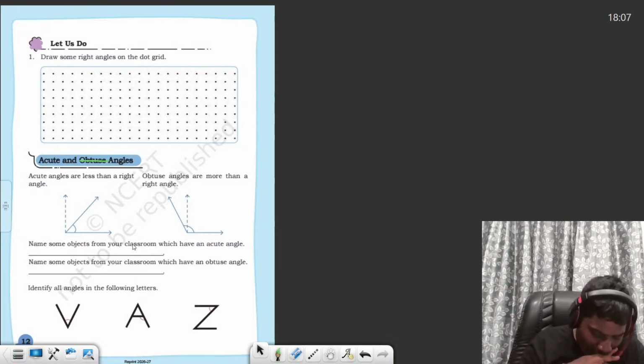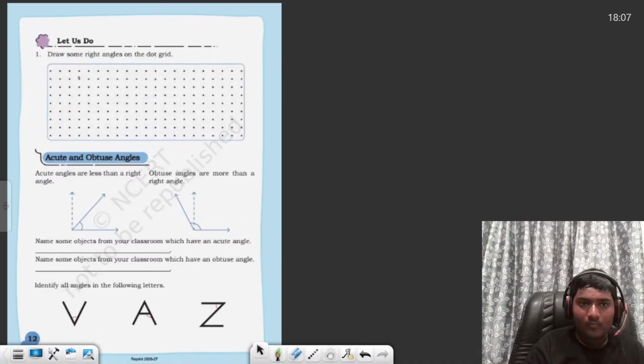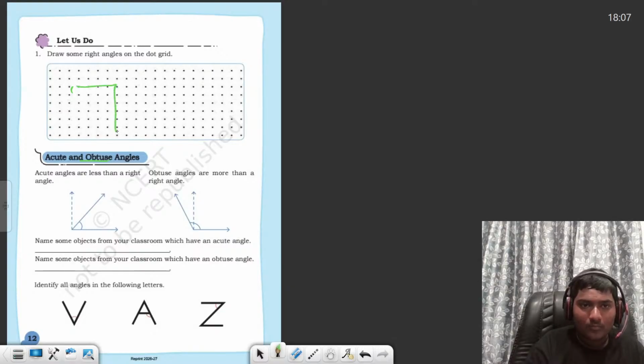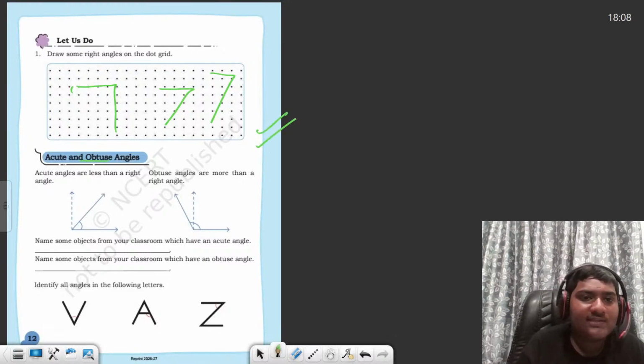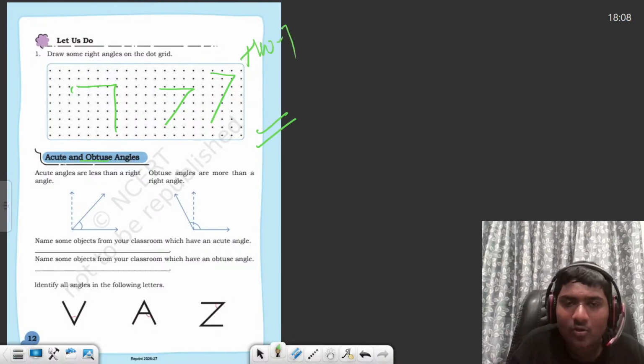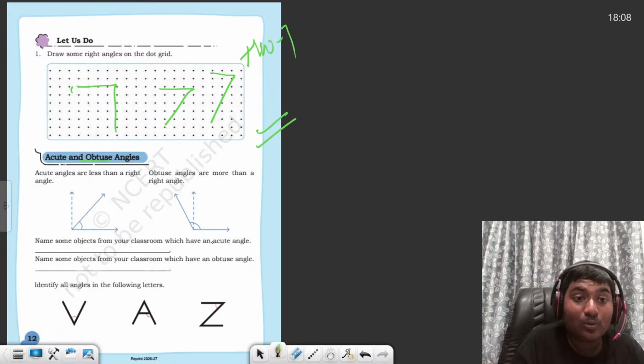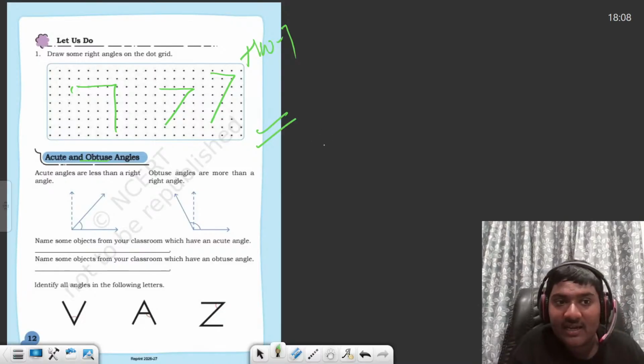If the grid is not given, children, I'm going to draw. In this way, you can do. It's not a big work. Make it your HW7. See, in grade 4 only, it's very nice.